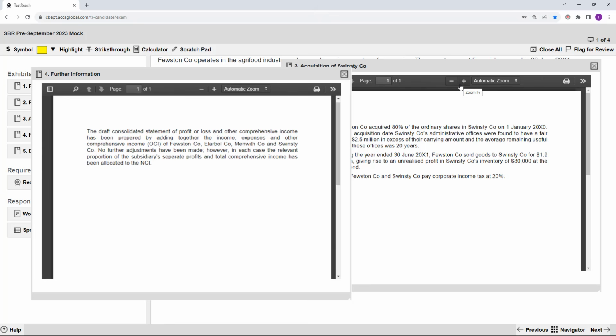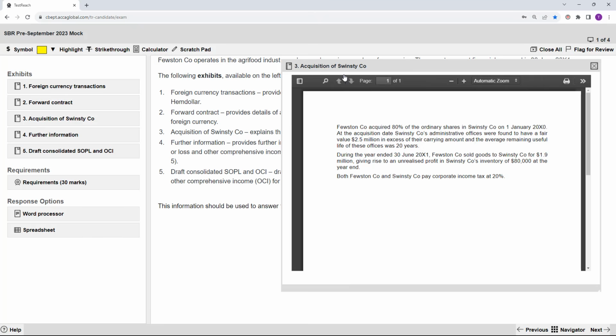Fair enough, you've done that. No further adjustments have been made. However, in each case, the relevant proportion of the subsidiaries... I don't think I've got anything to do with that. I don't think that affects me. Maybe I should have read that at the beginning. But it doesn't affect anything that I have. That exhibit is the spreadsheet.